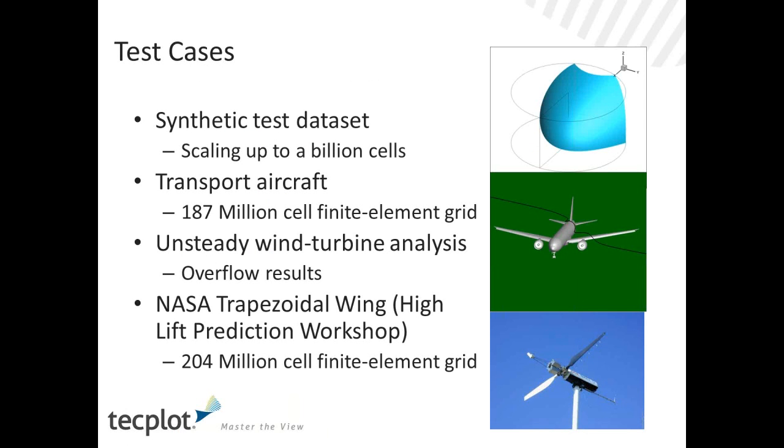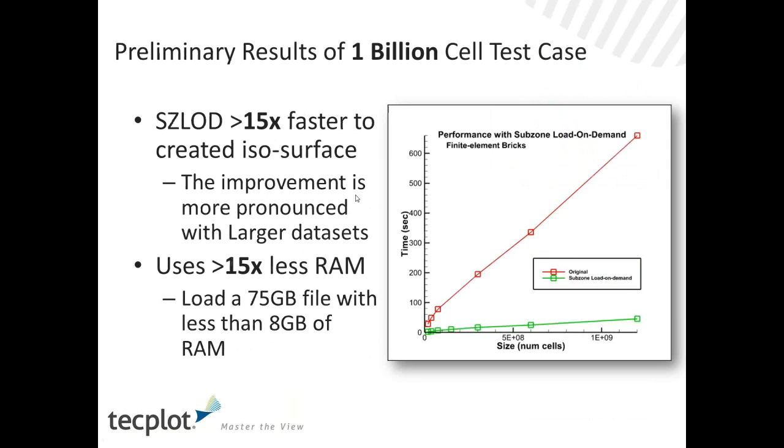This is the part that I think has been most exciting, at least for me. So let's go ahead and start by looking at the billion cell test case. This is synthetic, so we could test the scaling of this approach. As I mentioned, we want it to scale sublinearly and actually be much faster than reading the whole set. And you can see that it is indeed much faster. The green line is the Subzone load on demand.